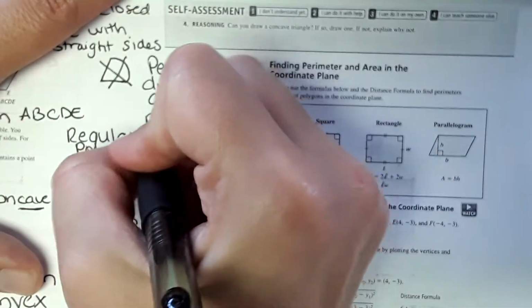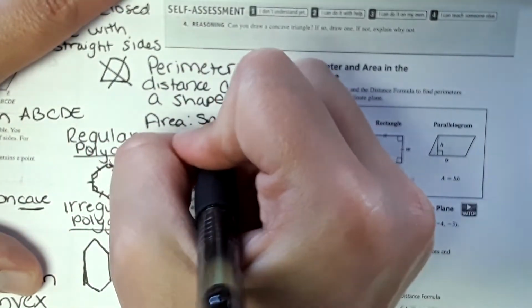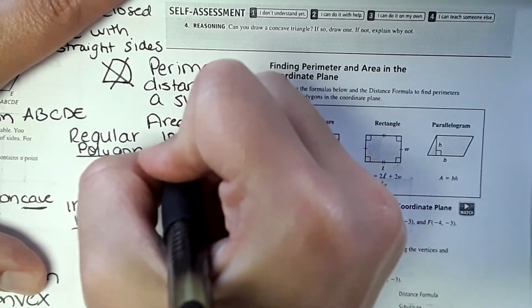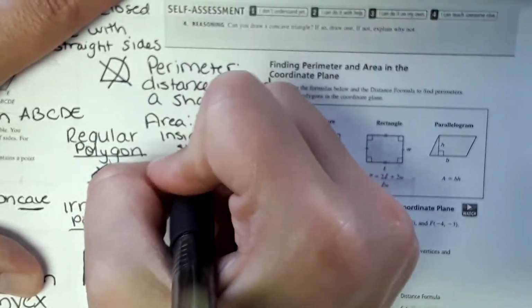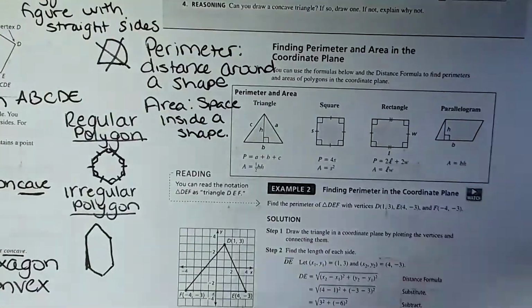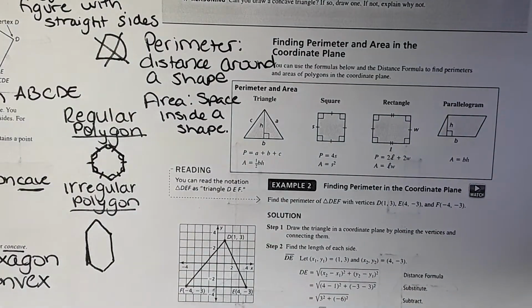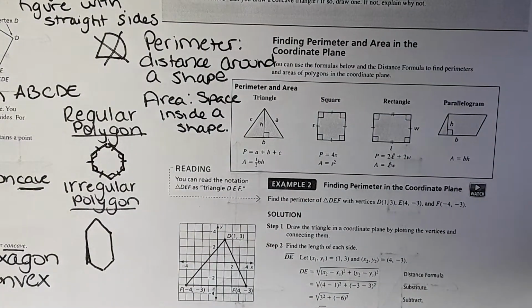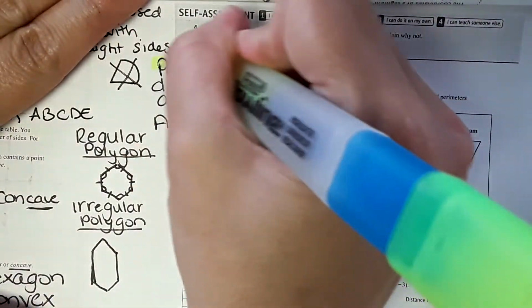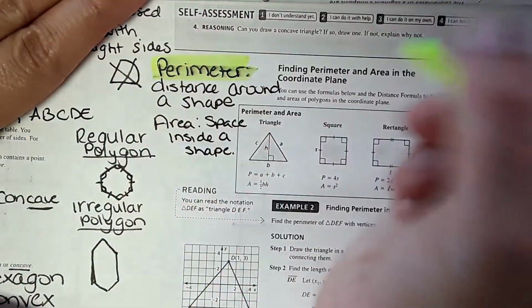And then area is the space inside a shape. If you have a highlighter out, you can highlight those.